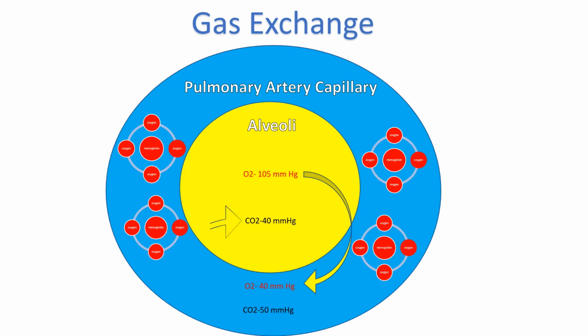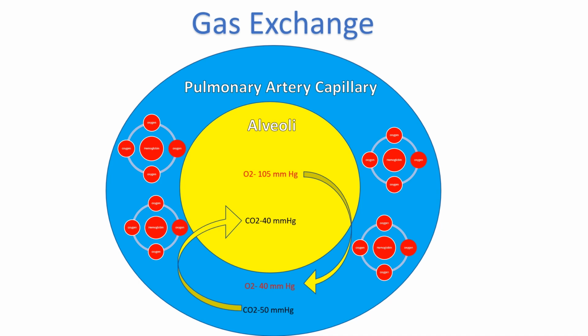All right, now let's look at the carbon dioxide. What happens with the carbon dioxide? It's the same concept. Now we have more carbon dioxide inside the pulmonary artery, and we'll look at how the carbon dioxide got there in the following slides. The air in the alveoli, which is the atmospheric air, has lower carbon dioxide.